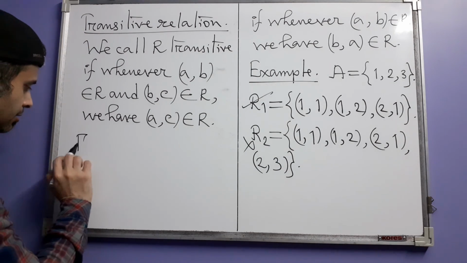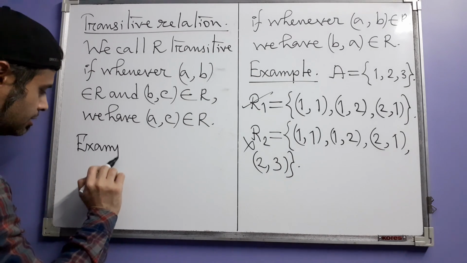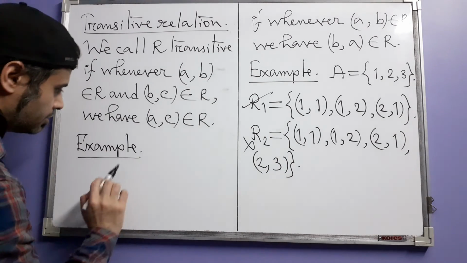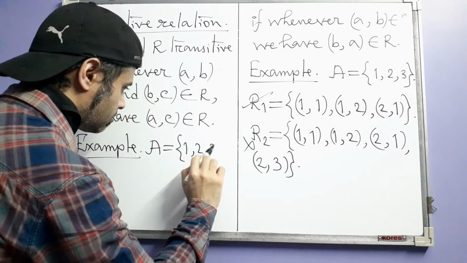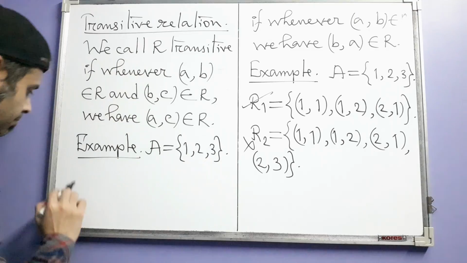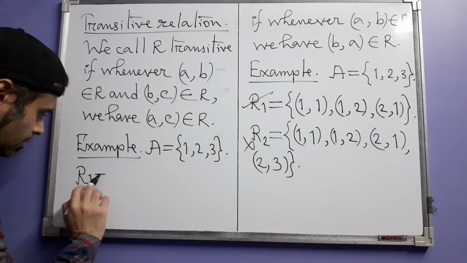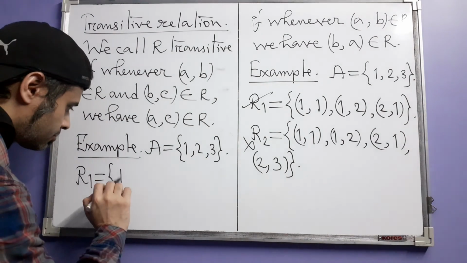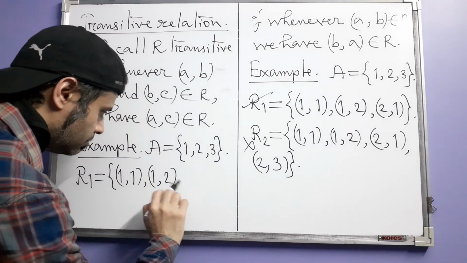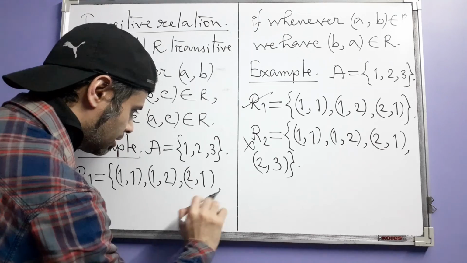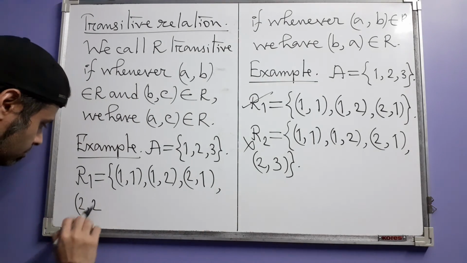You can create an example very easily like this. Say we take the same set and you consider this relation on A: 1 1, 1 2, 2 1, 2 2.